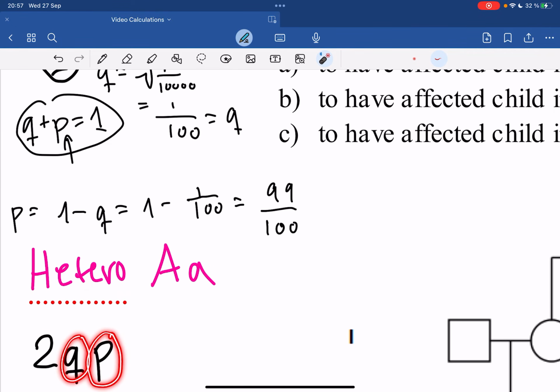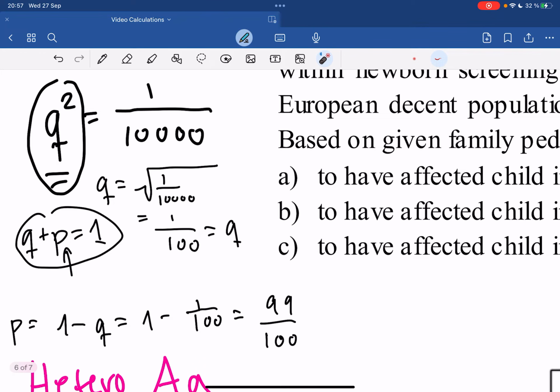We can calculate p using the rule that q plus p is equal to 1. So we can just take 1 minus q and get p. That's what we did here: p equals 1 minus q, which is equal to 1 minus 1 out of 100.